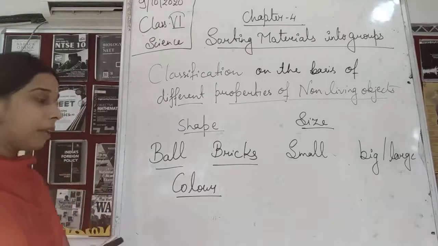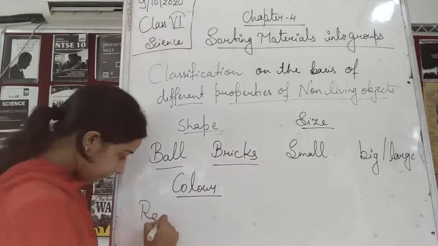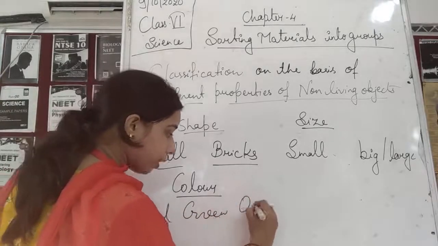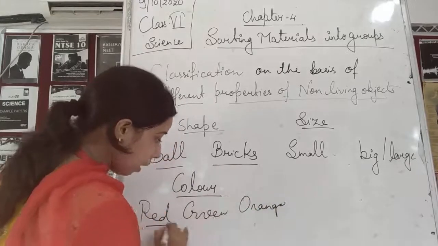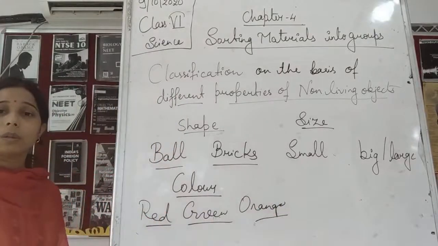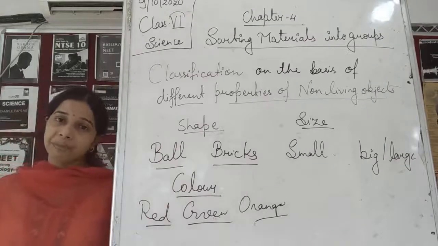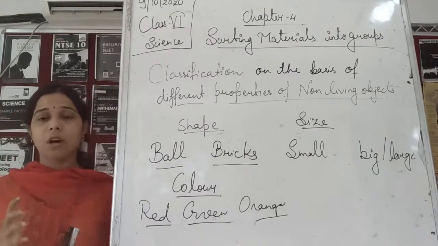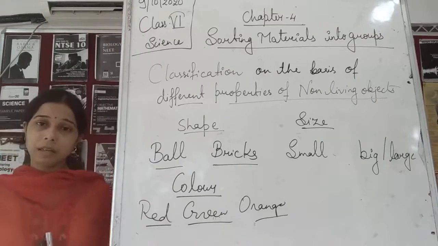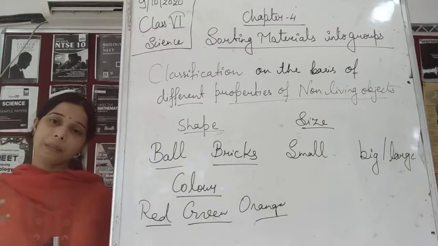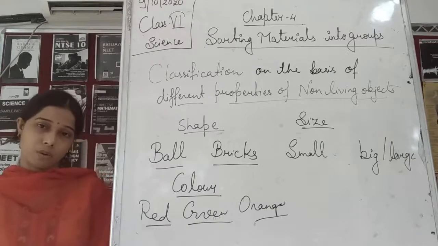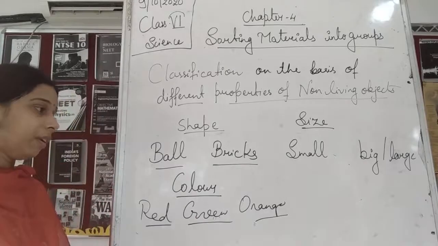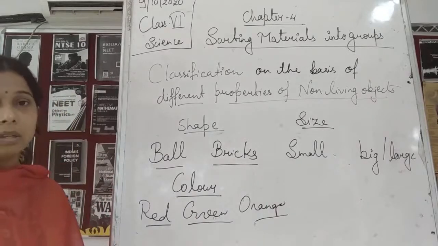You will keep the red one in one place, the green at one place, and the orange one on the other side. So they can differ from each other on the basis of color. Objects of the same color you will keep together in a group. The object of another color you will keep in another group. So you can divide them on the basis of the different types of colors also.